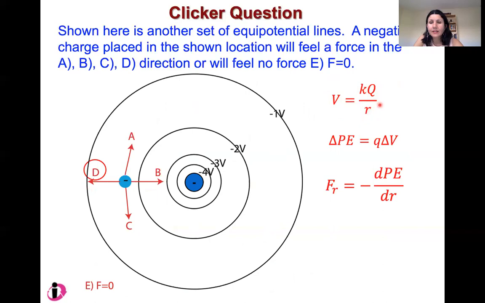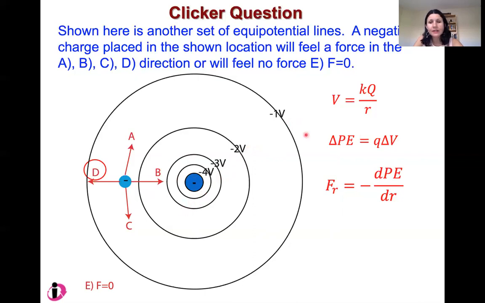Then as R gets bigger, it gets less and less negative until it gets to zero. For a positive charge it was most positive going to zero; here it's most negative going to zero. So the voltage is decreasing toward this negative charge. Because we see it going from -4 to -3, -2, -1, this must be a negative source point charge.